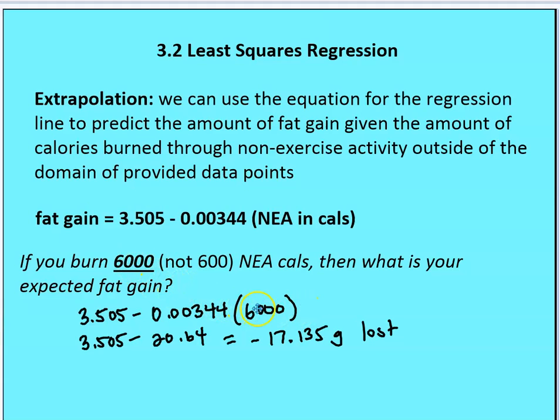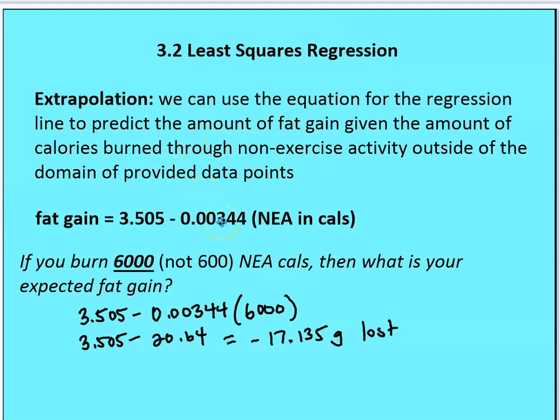So the formula here is 3.505 minus 0.00344 times non-exercise activity in calories. And so you can see the effect on increasing the x value in terms of fat gain. And this is, again, a predictive model. So we're extrapolating based on the equation and the regression line to predict the amount of fat gain given the amount of calories burned through non-exercise activity outside of the domain of provided points.